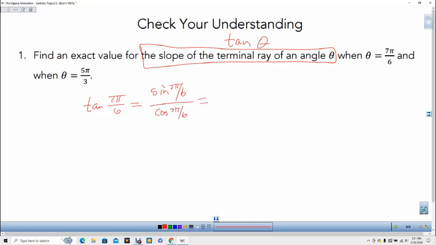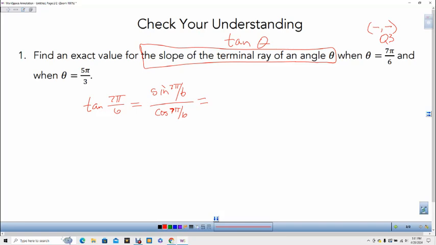All right, and when we do that, 7 pi over 6, remember, is in quadrant 3. So both sine and cosine, both your x and your y values, are going to be negative. And what do we know about our values? Well, if you remember your unit circle, which you have to, you should not have to look back at the unit circle for this. These are values you should know by memory or be able to easily find out.